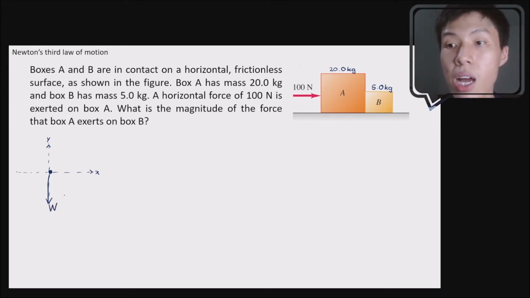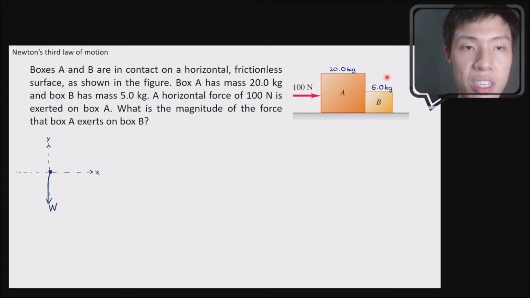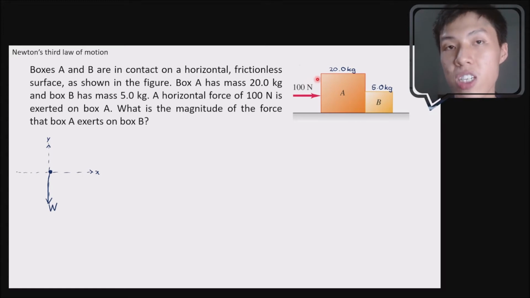Next question, is this box A attached to any strings, ropes, or cables? Well, you don't see any ropes or cables, so no tension. Next question, is there any force explicitly mentioned or shown in the diagram? Yes, they say you have a horizontal force of 100 Newton exerted on box A. This free body diagram of box A is to illustrate all the forces exerted on A, so this fits the description.